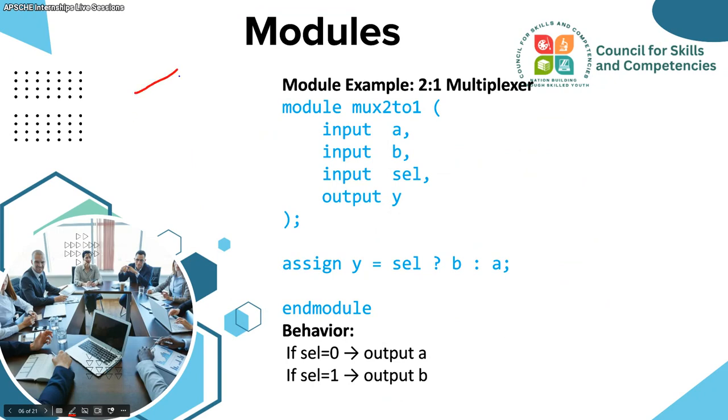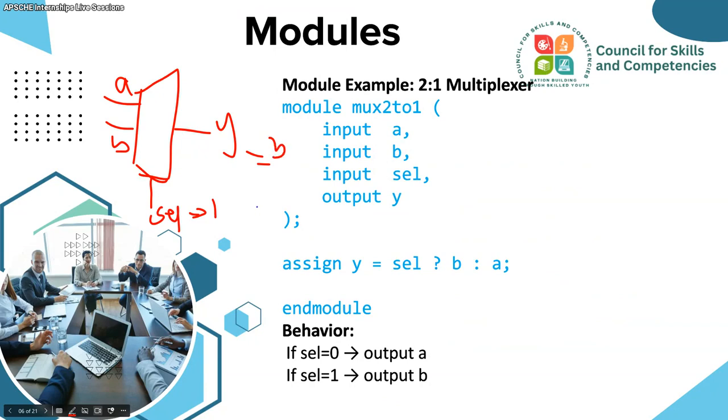We will draw the mux something like this, with a select line, and this is the output, and A and B. If the select line is 1, Y gives B. If it is 0, Y gives A.